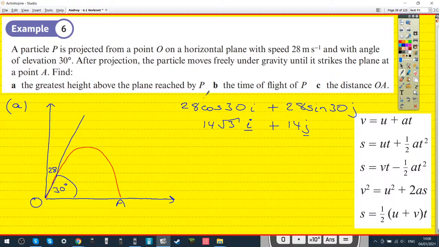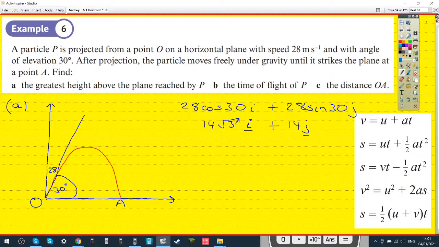Okay, and so I know what the U is. So U is 28. Oh, does it matter? It matters if I'm doing it horizontally or vertically, doesn't it? Yep. So if I say that I'm doing it horizontally, does it matter or not really? It doesn't.